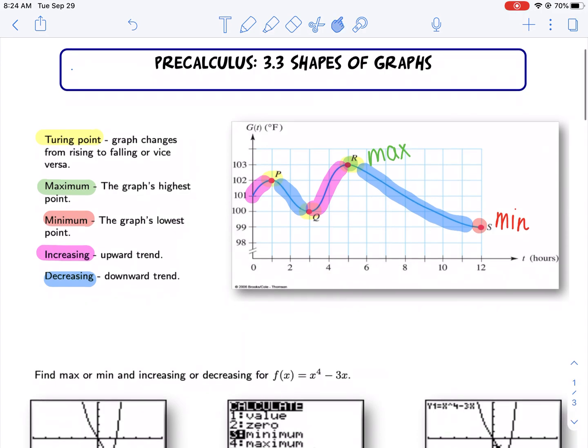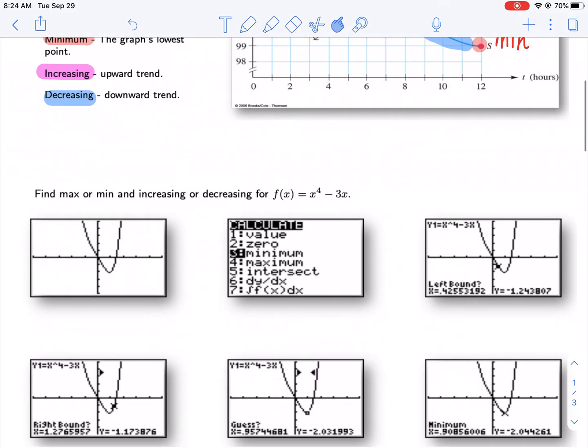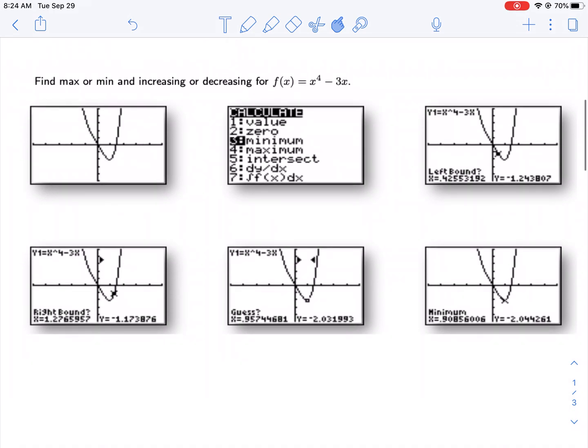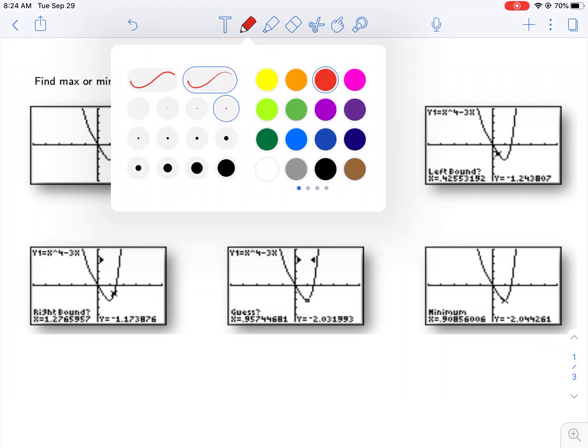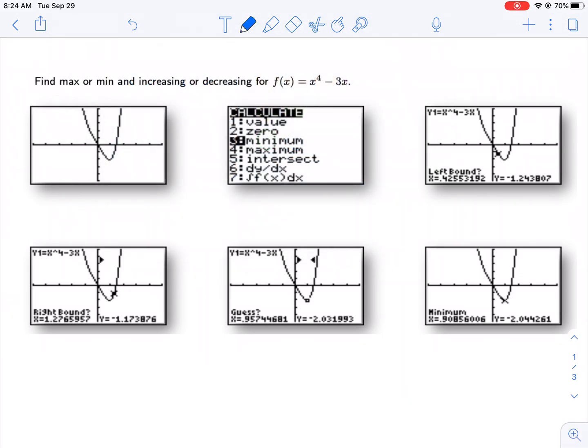Heading down to my next area, here is your calculator work. So we took screenshots of what your calculator should look like, and we'll talk about it. So right now, you all need your calculators. Graph this. Go to your y equals on the top left-hand corner of your calculator.